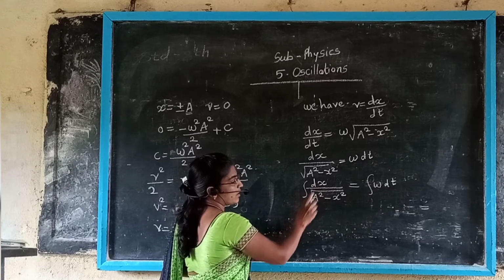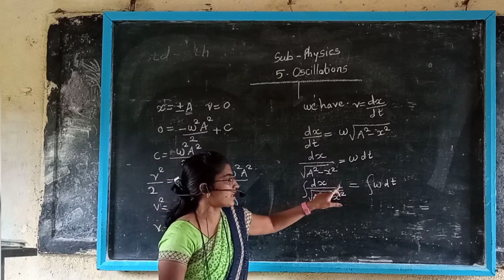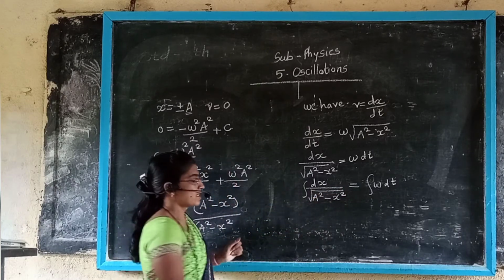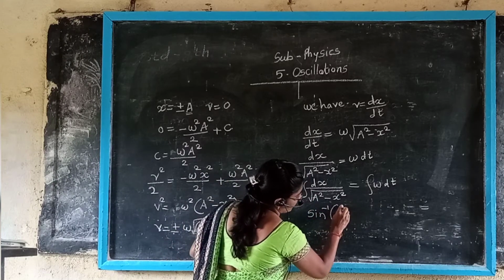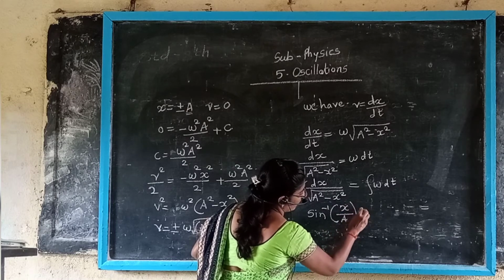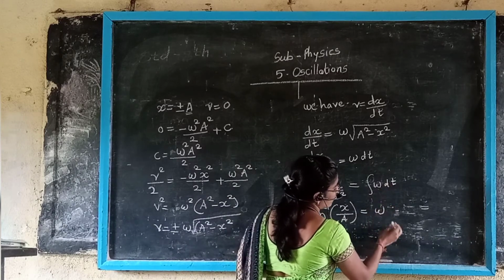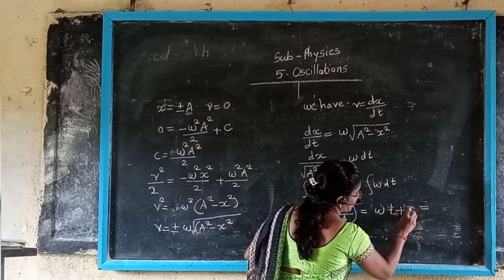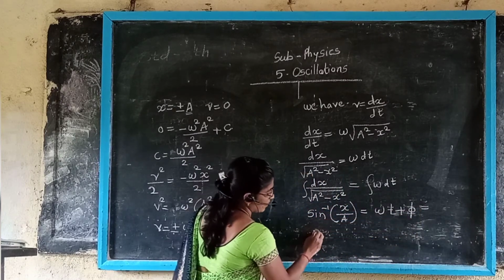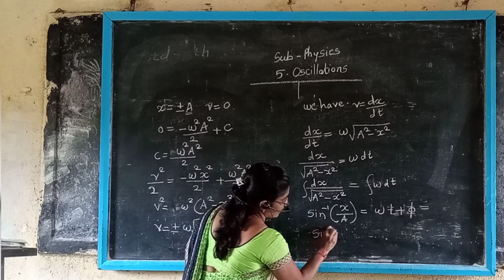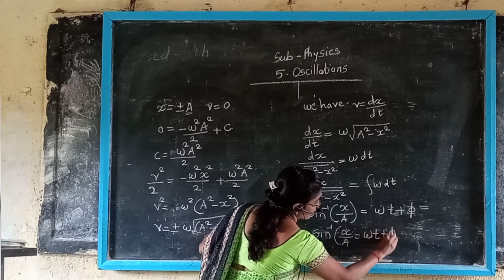Now, integration of 1 upon under root a square minus x square dx is a standard formula, sine inverse of x upon a, which is equal to omega t plus phi, where phi is the integration constant. Therefore sine inverse of x upon a is equal to omega t plus phi.